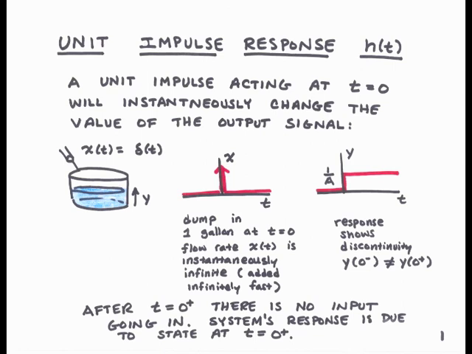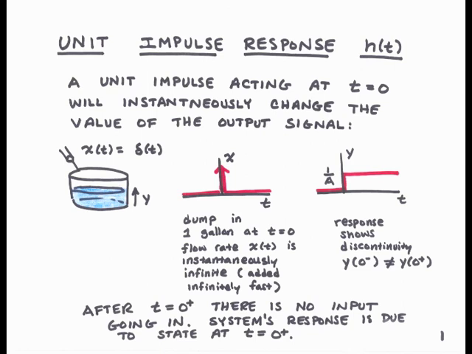This corresponds to putting the water in infinitely fast over an infinitesimal duration of time. In response, the height of the water in the bucket, y, will change discontinuously. That is, y at time 0 minus will not be equal to y at time 0 plus.